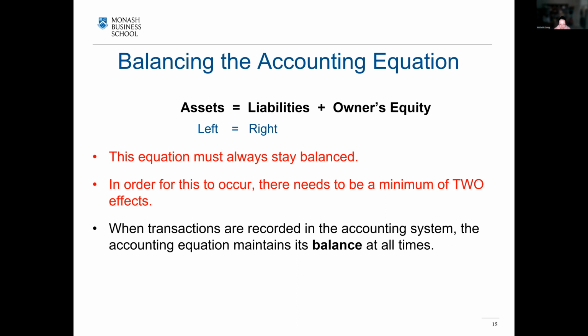There has to be a minimum of 2 effects in order for this equation to be balanced at all times. It may not make sense to you at this stage, but I'm going to show you how this all works very slowly in the next few slides.